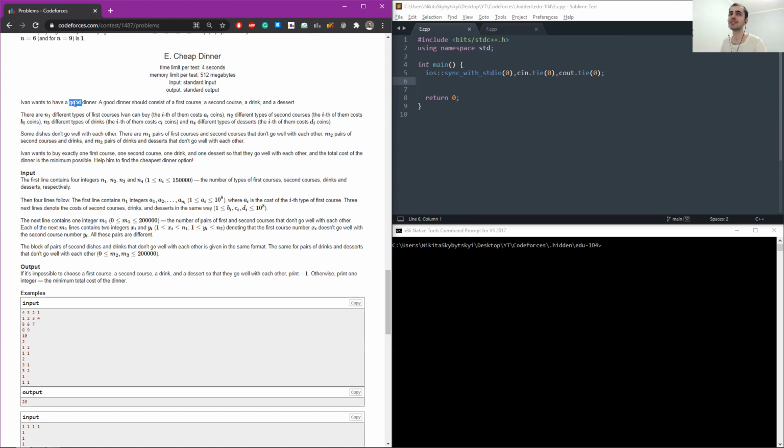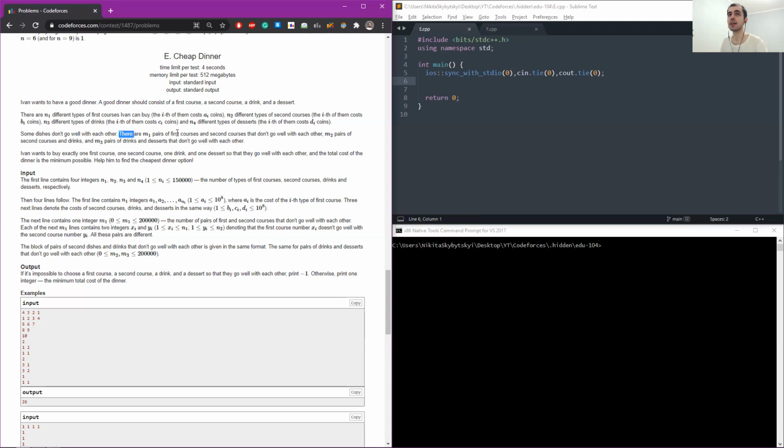So yeah, that's really good. There are N1 different types of first courses one can buy. The i-th of them costs A_i coins, and N2 different types of second courses. Yeah, okay, I got it. Some dishes don't go well with each other, understandable, like cucumbers and milk don't go well together.